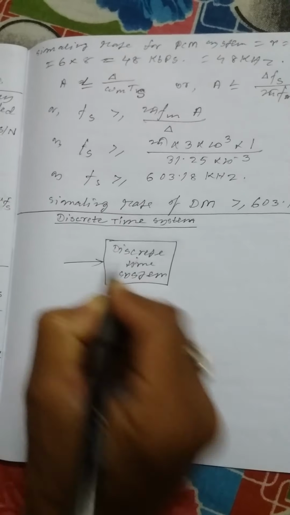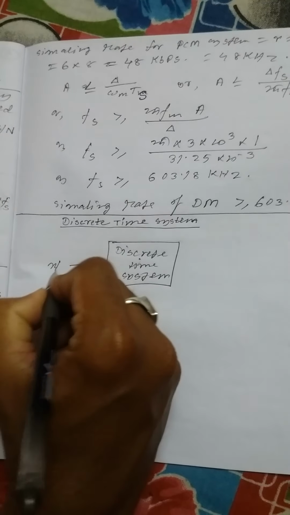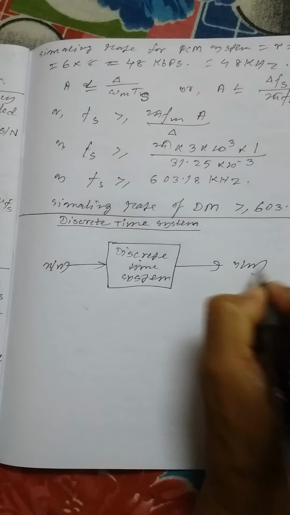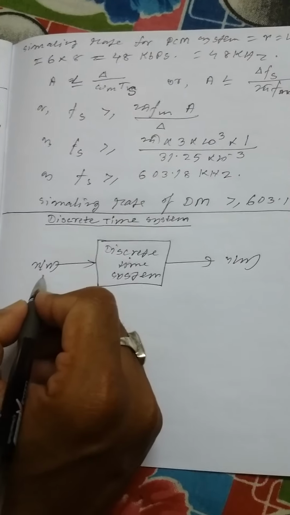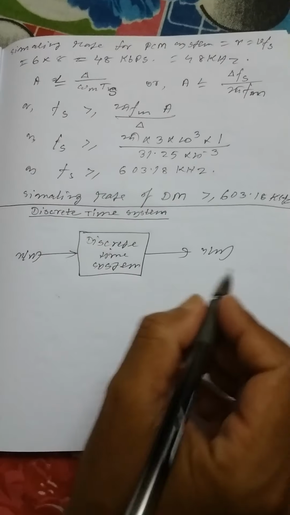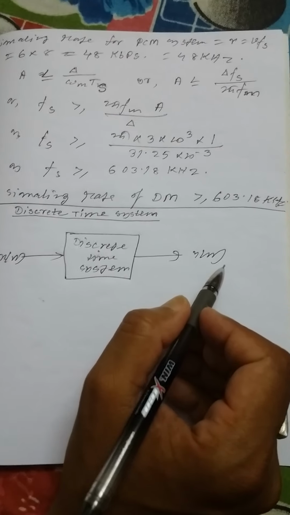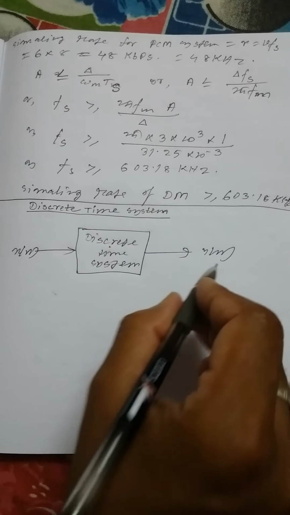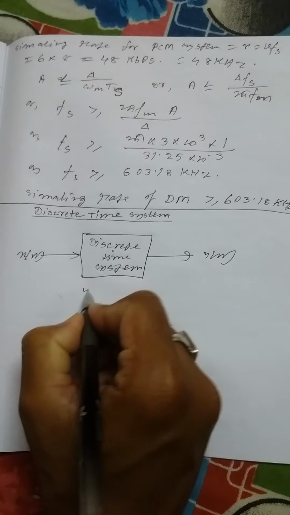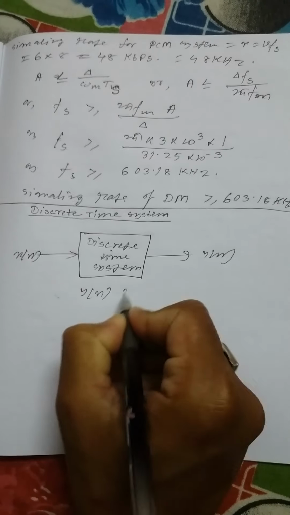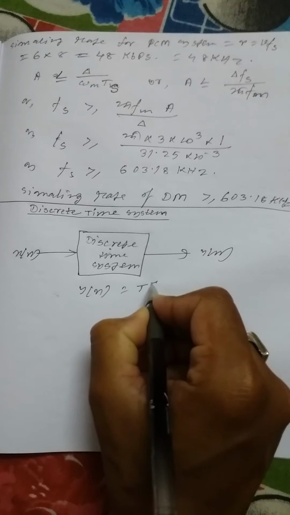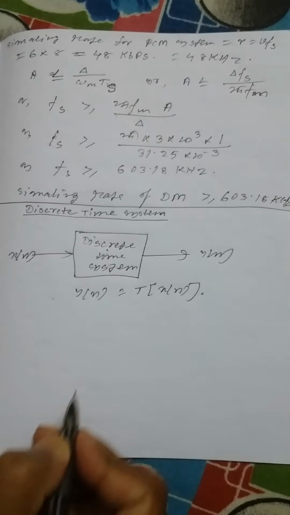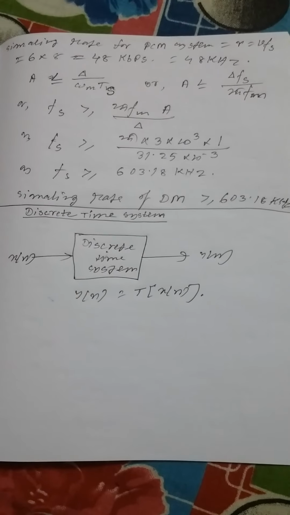It has an input of x(n) and output is y(n). So x(n) is the discrete time input signal and y(n) is the discrete time output signal. The relationship between y(n) and x(n) is that y(n) is equal to transformation of x(n).